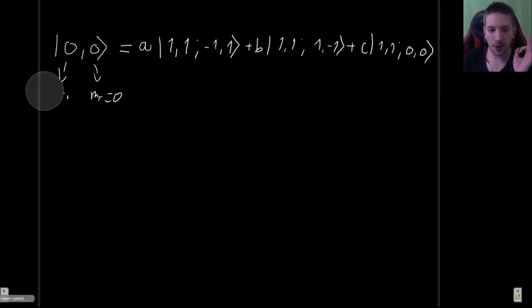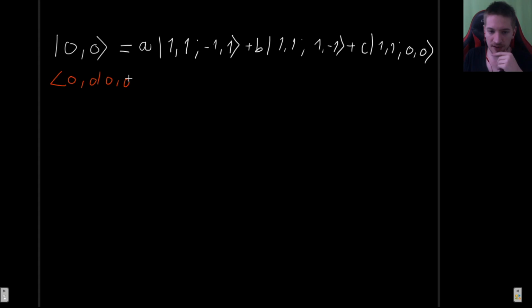So now we need 3 conditions, and it will actually be very similar to before. One condition will come from the inner product, because this state has to be normalized. Condition number 1. Condition number 2 will be because this state has to be orthogonal to the other states that have these same vectors. Now, which states are those?